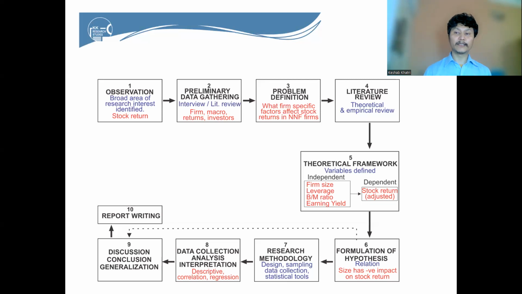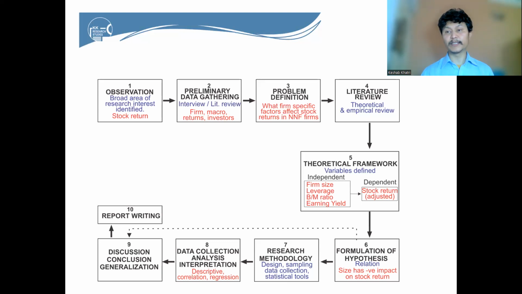After discussion, we conclude what the final outcome of our research is, the entire process. That conclusion could be a one-liner or a two-liner. In our case, for example, our conclusion could be: among the firm-specific variables, firm size has a significant and negative impact on the stock market return in the Nepalese stock market among the non-financial firms in Nepal.